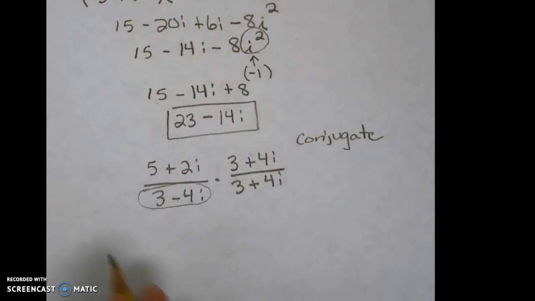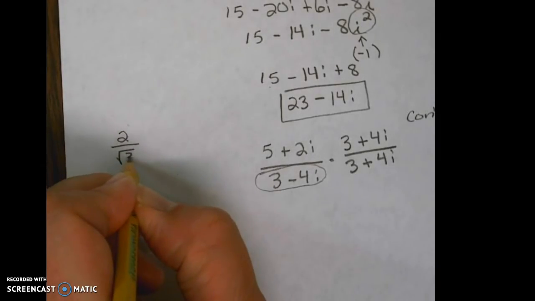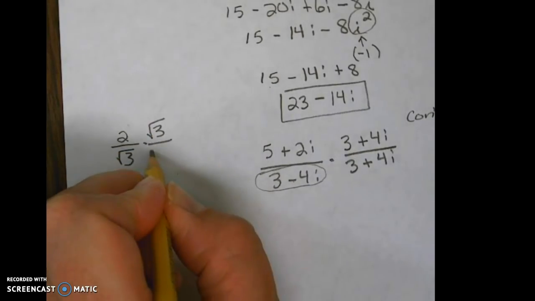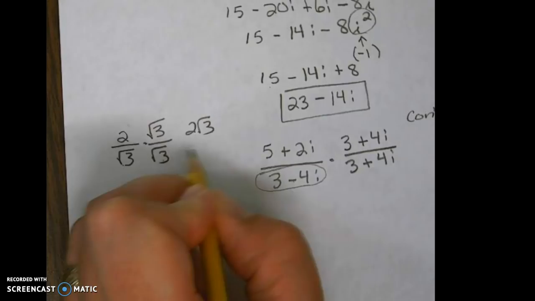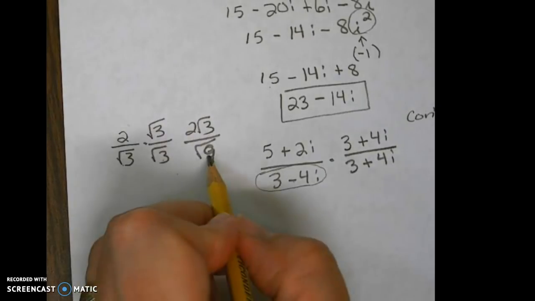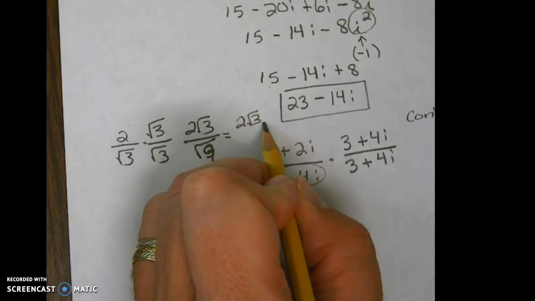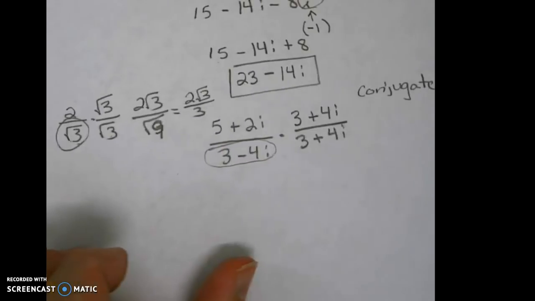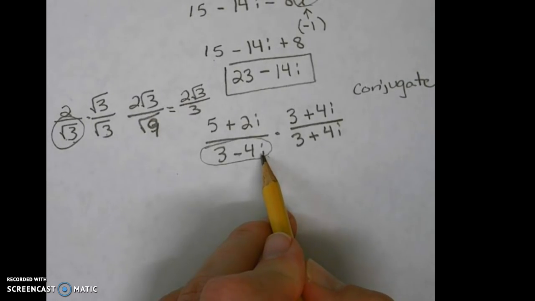Just like, remember how we learned that we don't want a square root in the denominator, and we had to multiply by the denominator over itself, and we would get the square root of 9, and the square root of 9 is 3, so we'd have 2 square root of 3 over 3. Where we did not want to have the square root in the denominator, we do not want to have the imaginary part in the denominator either. It's going to go away.